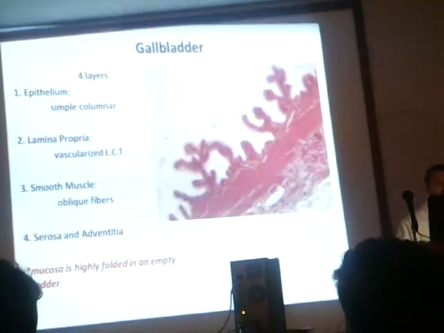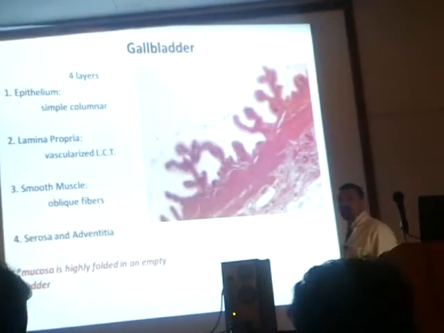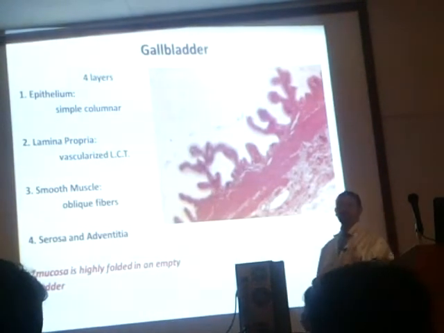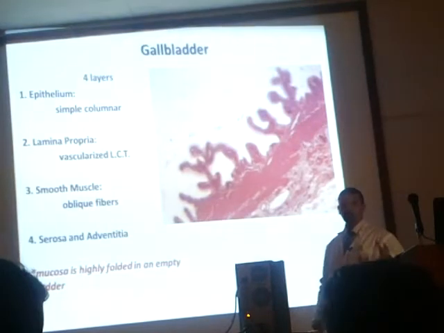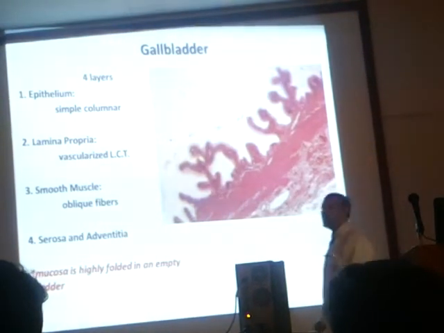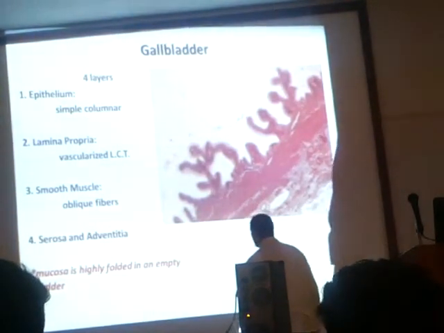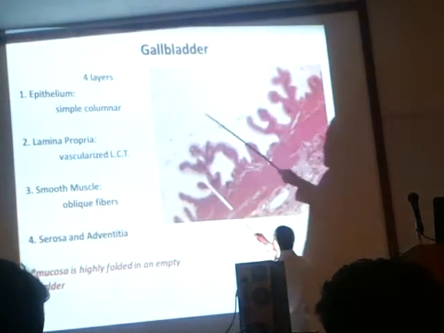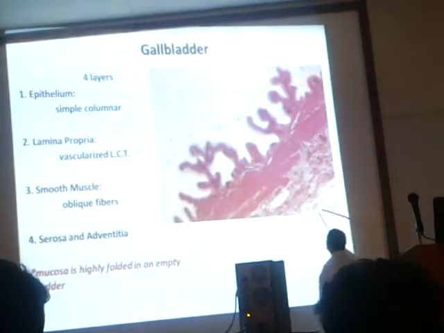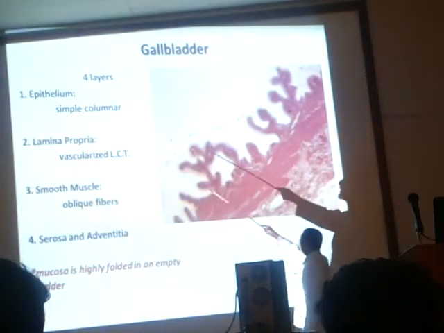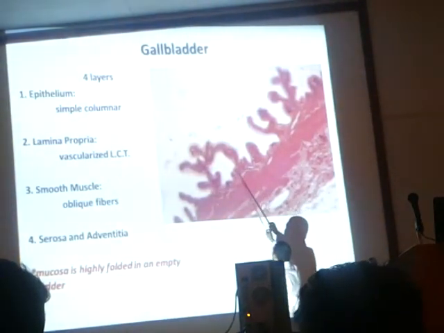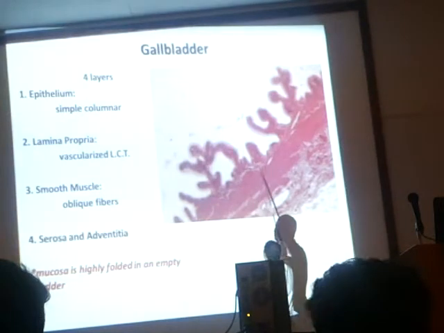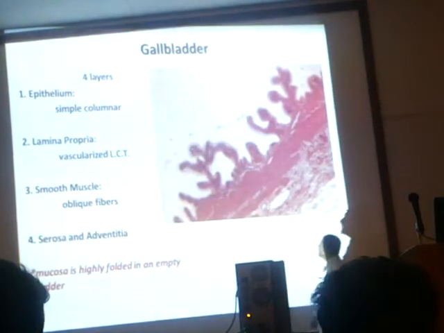Lastly, the gallbladder. When we speak about the gallbladder, the 4 layers are no longer clear: mucosa, submucosa, muscularis externa, and adventitia or serosa. You will see instead just a layer of epithelial lining, a simple columnar epithelium, directly after it a very tiny, thin layer of connective tissue, which we call lamina propria.